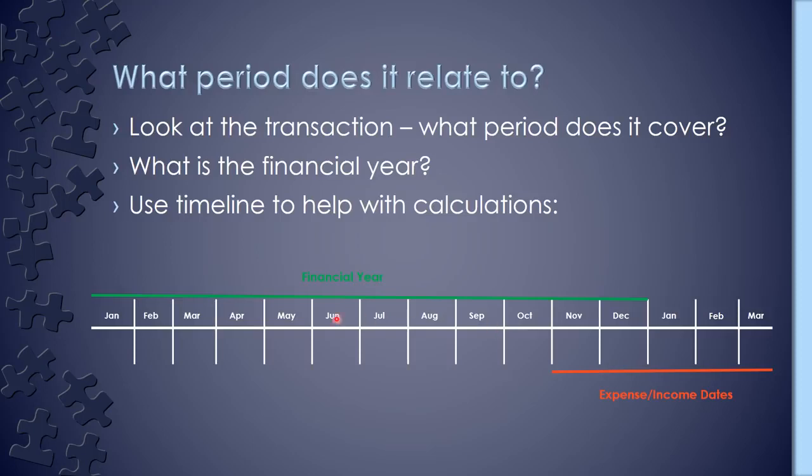And then I used to draw on where my financial year is. So in this example, you can see it's January to December. And my expense or income, my transaction here, was from November to March. So I used to draw these two little lines on, and then I would just colour in.